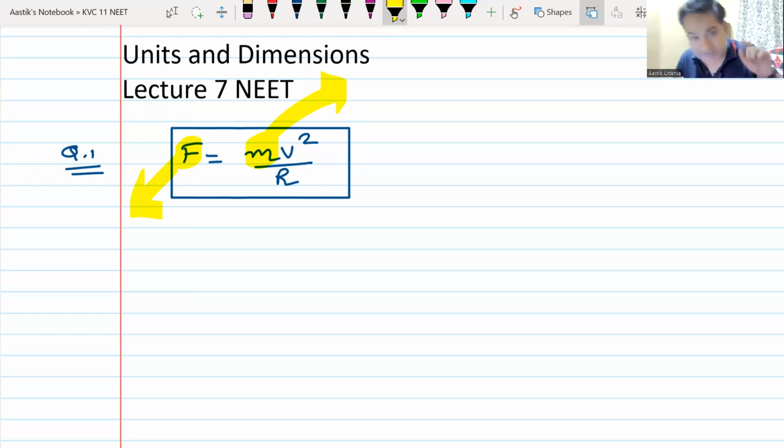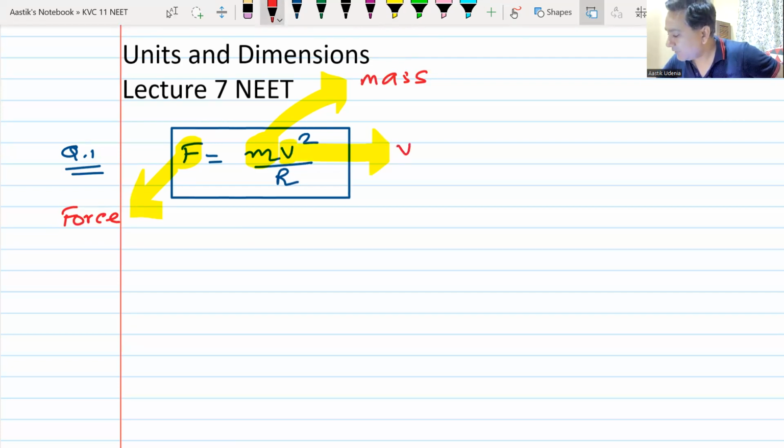Mass. Yes, here it stands for mass. I'll write it so that you don't get confused. M stands for mass, F stands for force. What will V stand for? Velocity. Well done, we are doing great. What does R stand for? Radius. Radius is basically distance, nothing else.